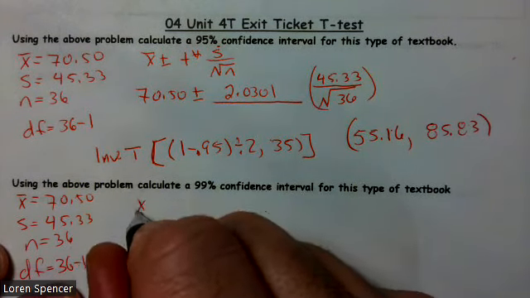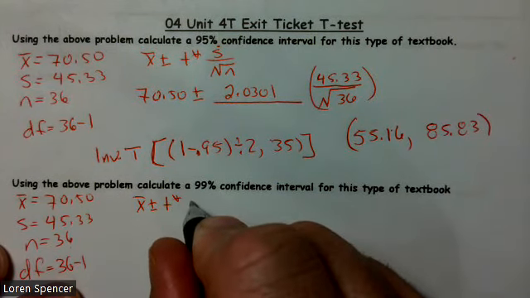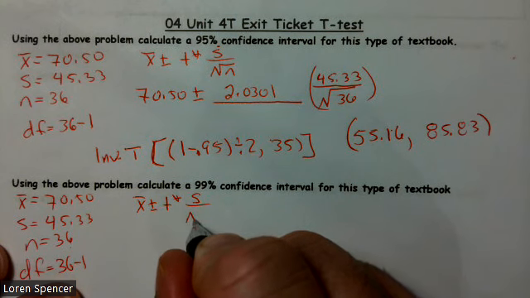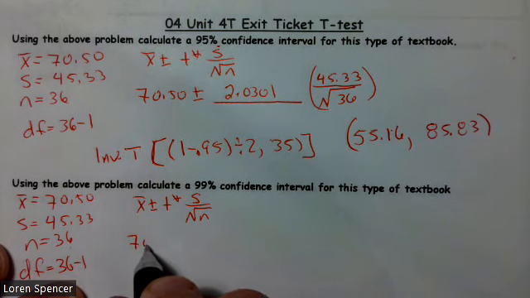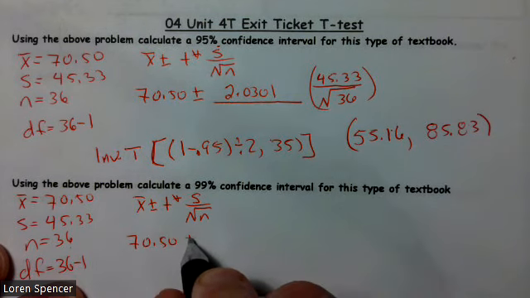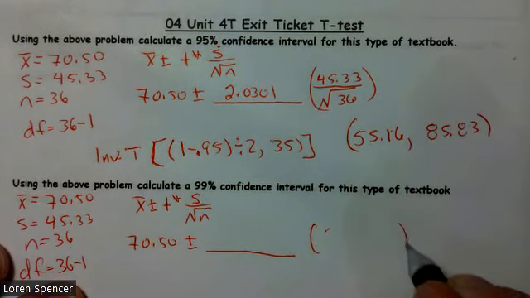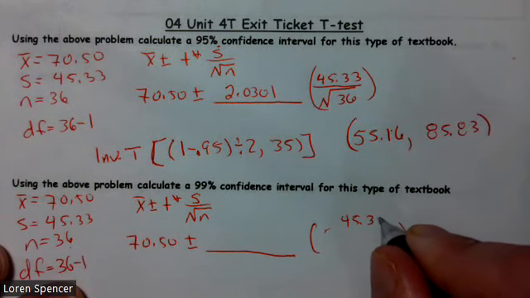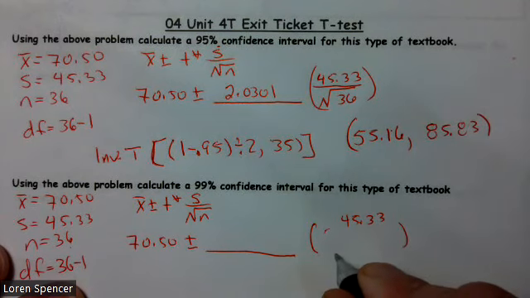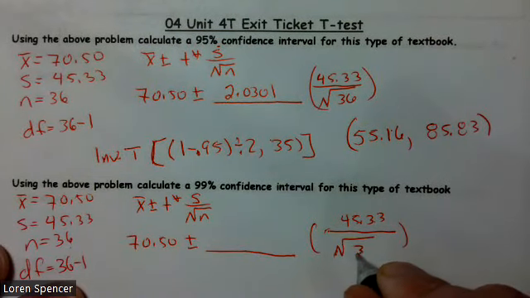Our formula is x bar plus or minus t star s divided by the square root of n. We start plugging in 70.50 plus or minus, and we don't know our t star, so we skip it for the time being and go back and calculate it. Then our sample standard deviation divided by the square root of our sample size.